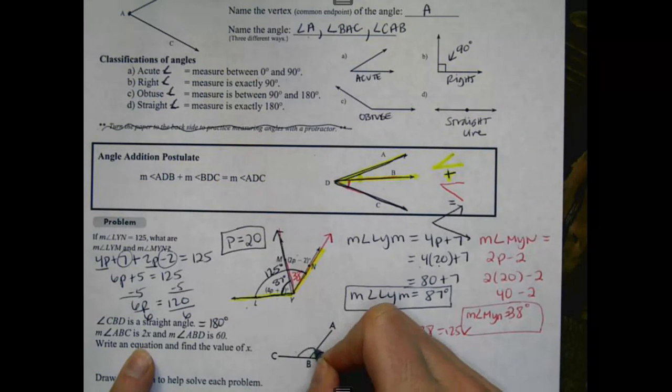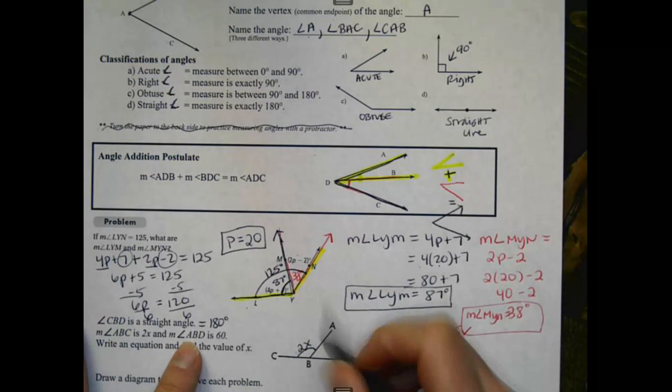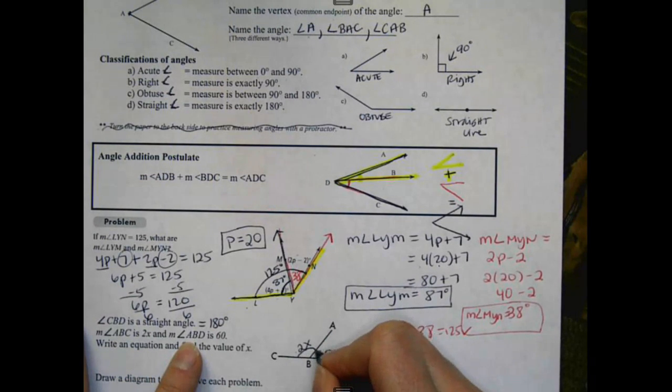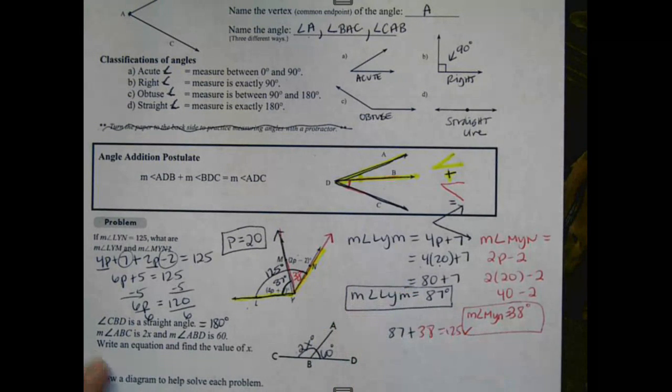So from here to here is 2x. The measure of ABD is 60 degrees. So this portion here is 60 degrees. Put a degree symbol on this. We're talking about angles. So we need to just write an equation and find the actual value for x. So when we find our equation here, let's write this out.